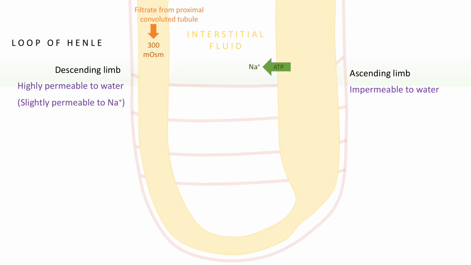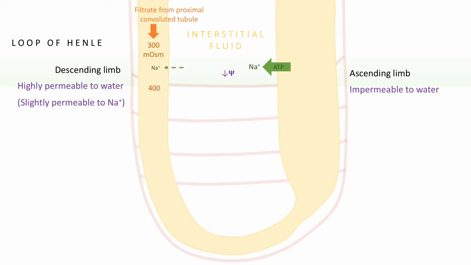As a consequence, that increases the sodium ion concentration. There's some small amount of sodium ion diffusion into the descending limb, but as a consequence of this, the water potential in the interstitial fluid at this top region, the region nearer the cortex, is lowered. And so water diffuses out of the descending limb by osmosis, and then from the interstitial fluid it moves into the blood by osmosis and is carried away.